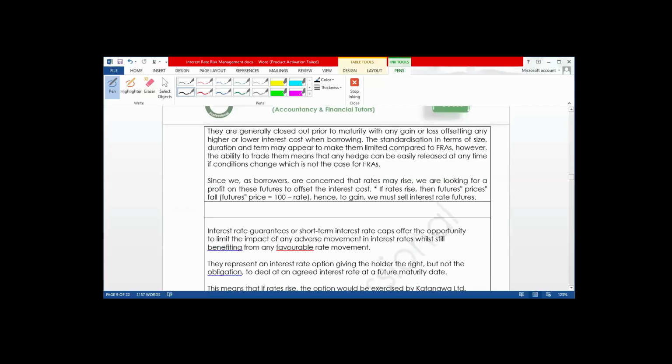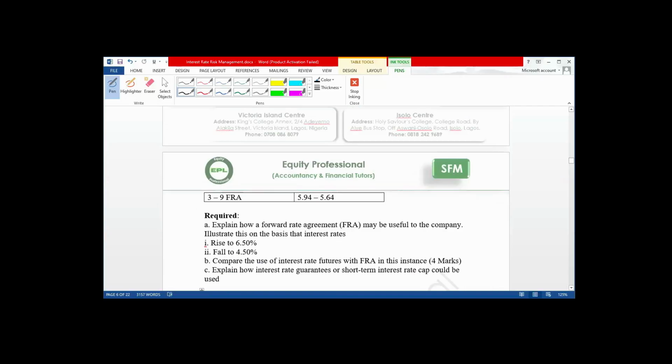Requirement C. Explain how interest rate guarantees or short-term interest rate caps could be used.